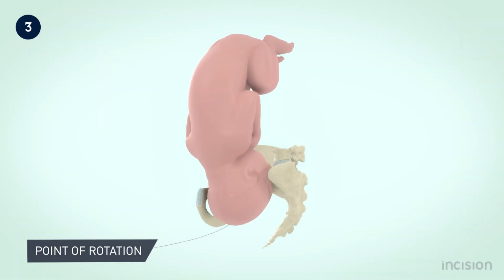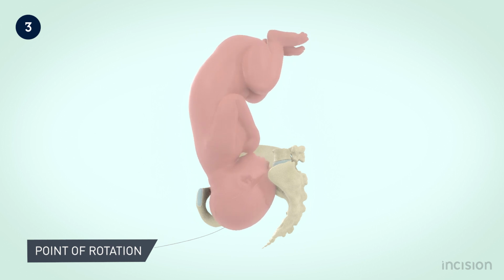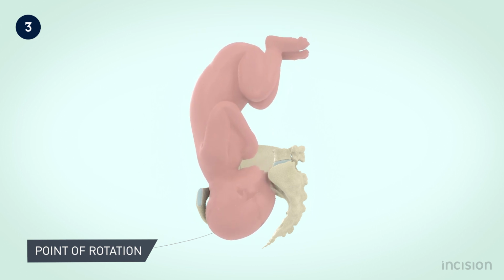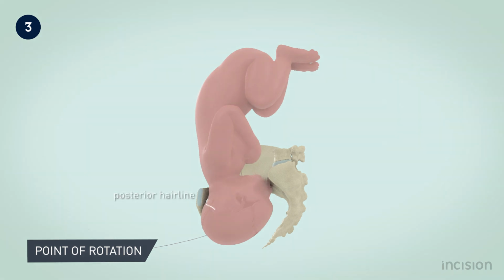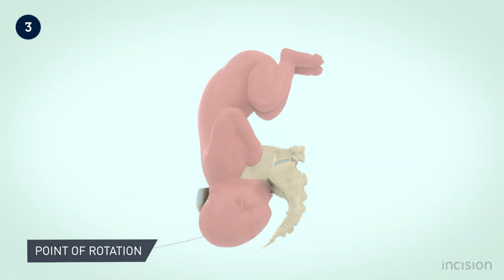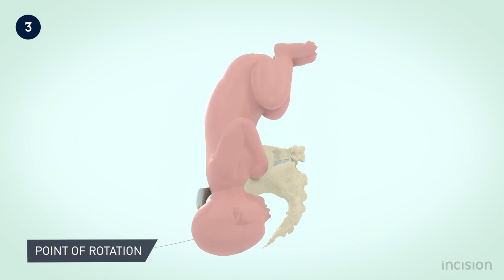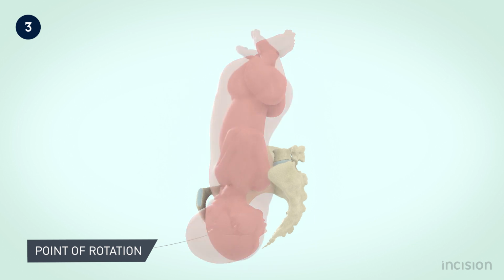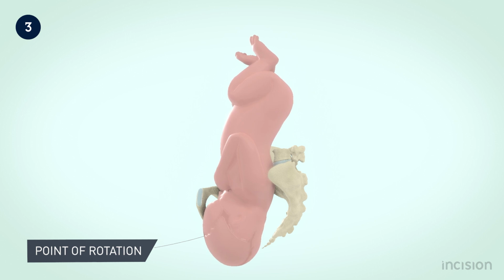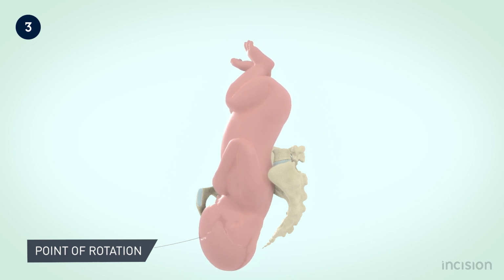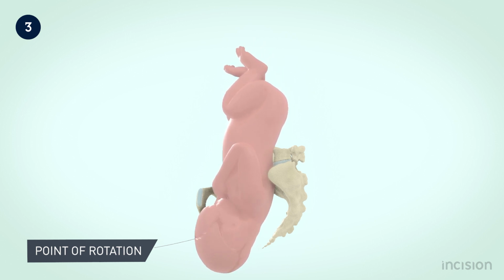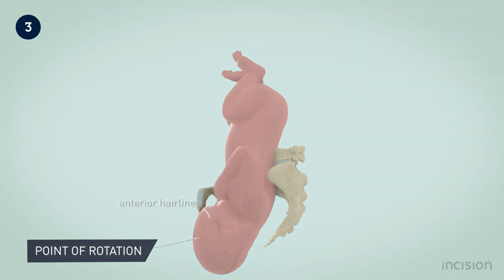In an occiput and vertex presentation, with the occiput positioned anteriorly, the point of rotation is the posterior hairline. In a vertex presentation, with the occiput posteriorly, the point of rotation is the anterior hairline.